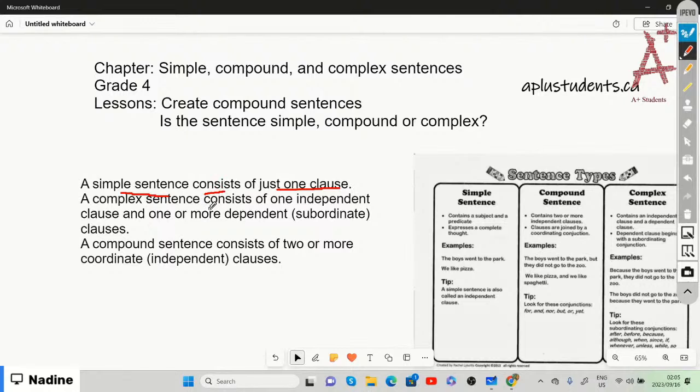It's like saying it has a subject, it has a verb, which basically shows a complete thought. And then we have a complex sentence, right? And a complex sentence consists of one independent clause and one more dependent or subordinate clause.